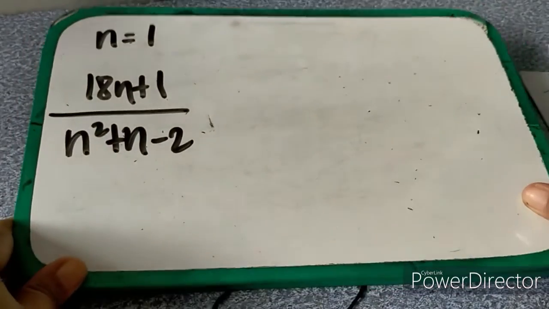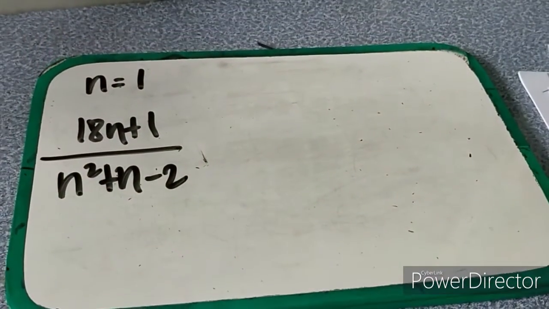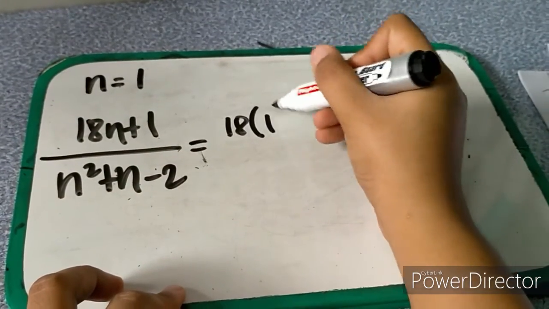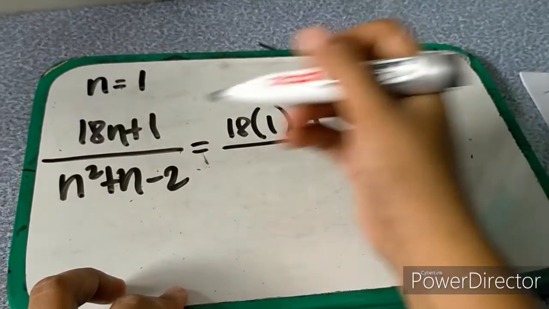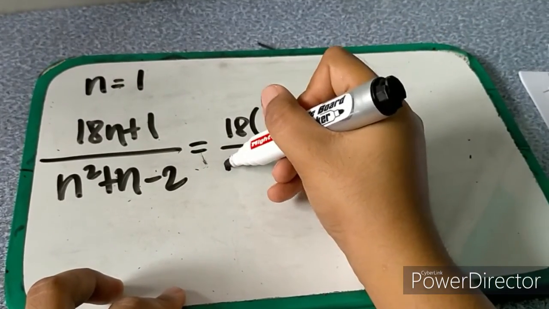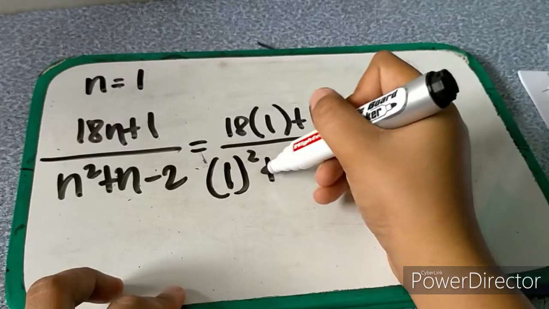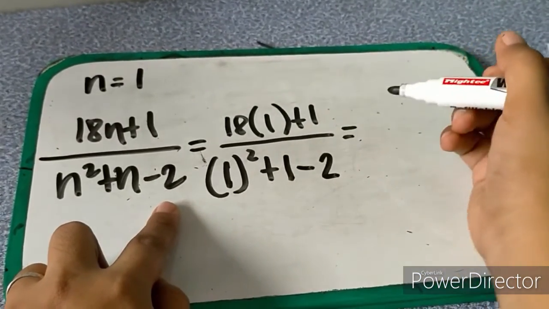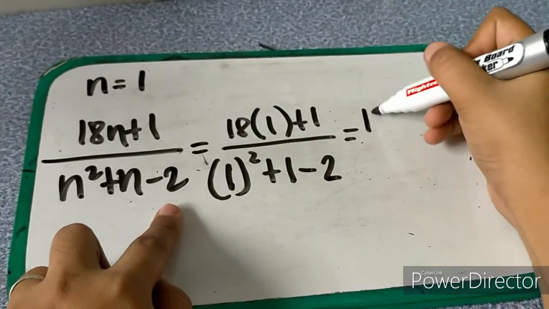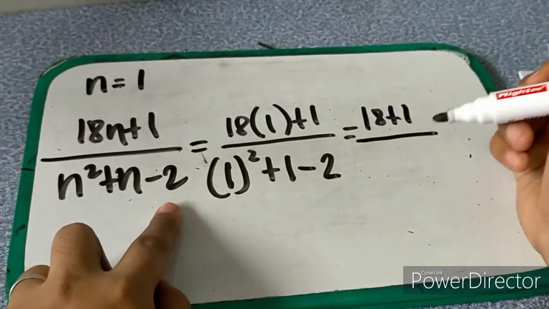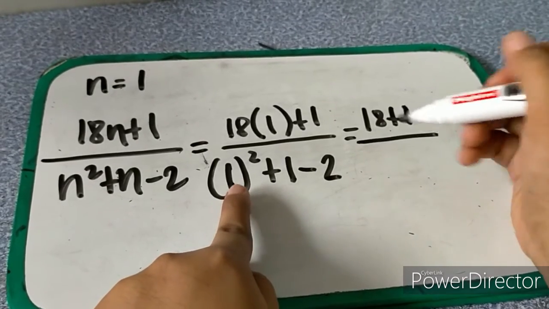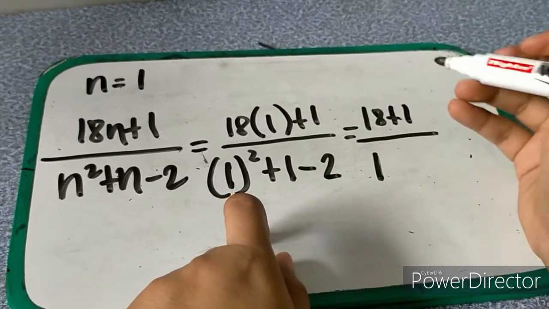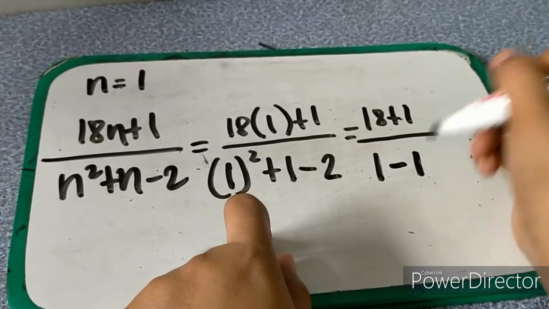How about n is equal to 1? So, substitute din natin. 18 times n is 1 plus 1 over n natin is 1 squared plus, again, 1 minus 2. 18 times 1, 18 plus 1 over, multiply by itself, 1 times 1, 1 plus 1 minus 2 is negative 1, correct?